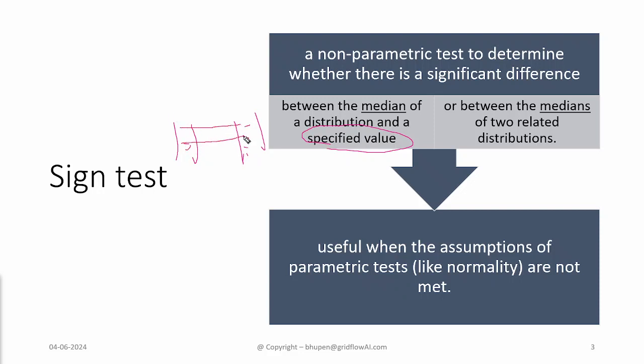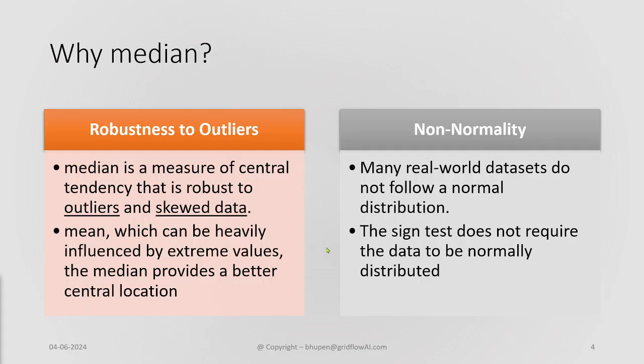For example, for a particular patient at instance 1 and the same patient at instance 2, you have a paired sample, and in that case also we can use the sign test.